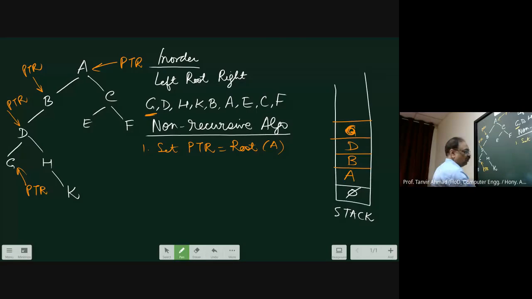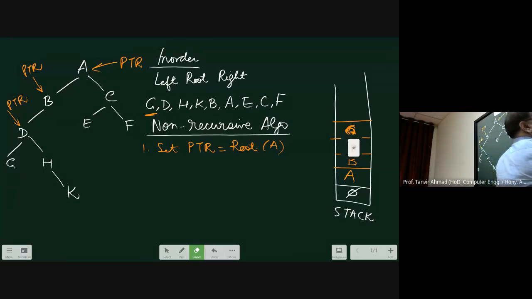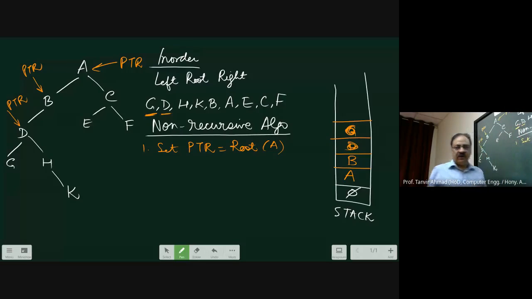Now you will go back to D. That means D is now at the top of the stack. If D has a right child and you have already processed D, remove D from here and process D over here. Then you follow the right child and PTR will come here.